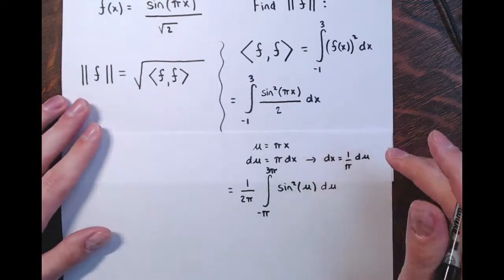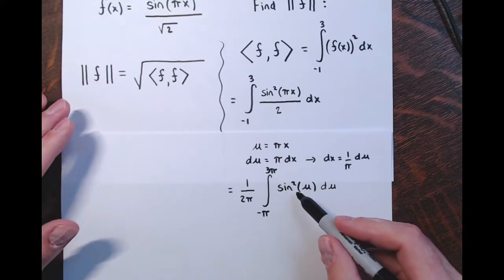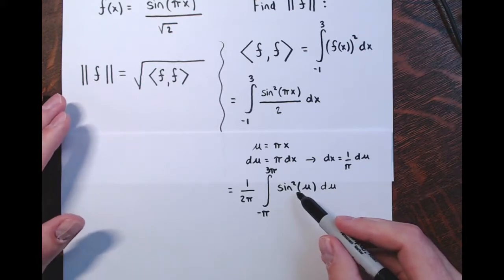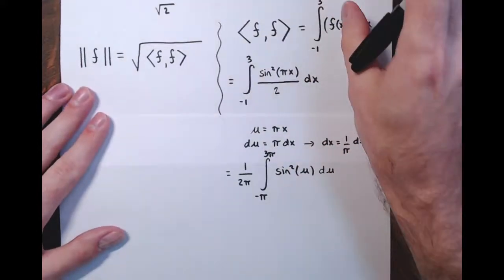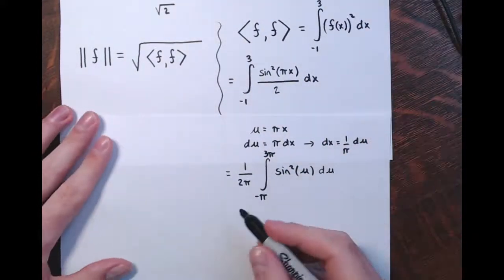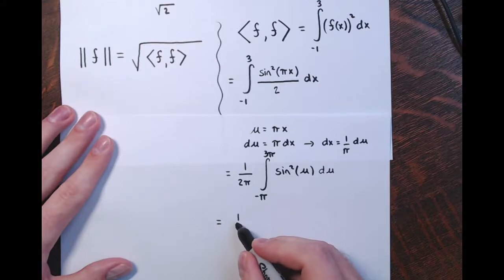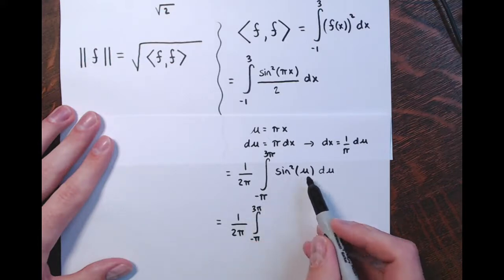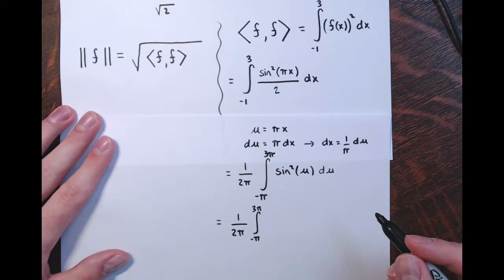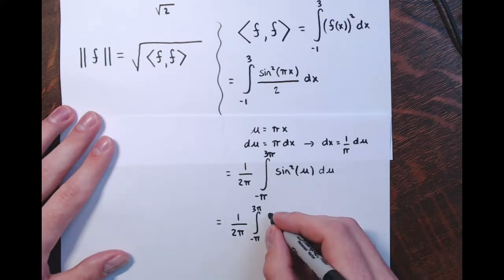Okay. Now you might recall that you can't really do this right off the bat here. This sine squared, you're going to have to use a reduction formula. So this is 1 over 2 pi, integral from negative pi to 3 pi. And sine squared, if you recall using the cosine of a difference formula, this is 1/2.